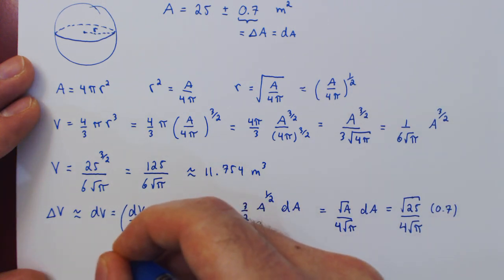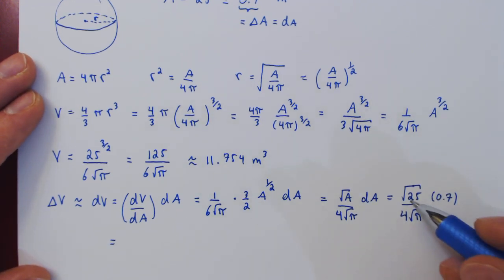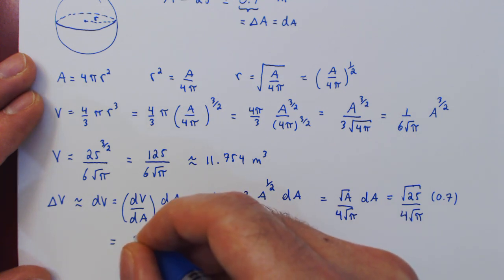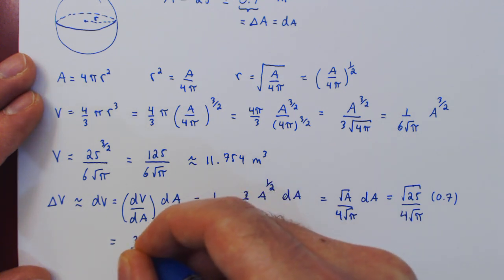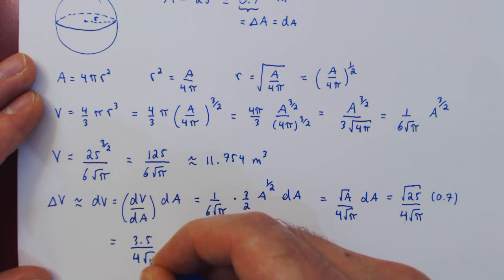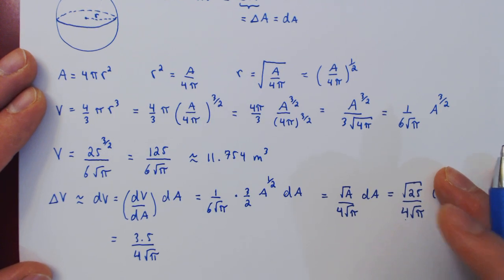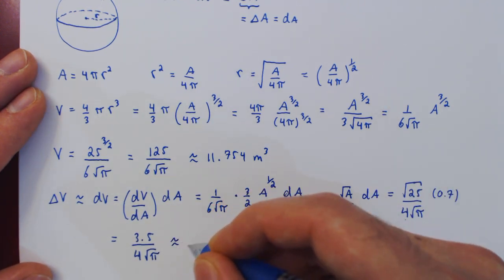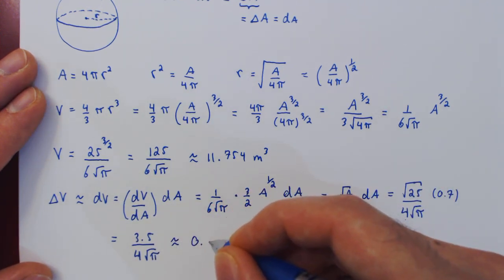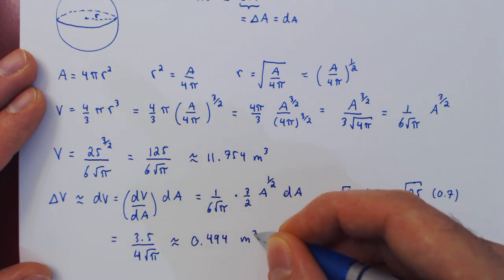We can simplify a little bit. Root of 25 is 5. 5 times 0.7 is 3.5. So we have 3.5 over 4 root of pi. And if we evaluate this now with the calculator, we will obtain approximately 0.494 meters cubed.